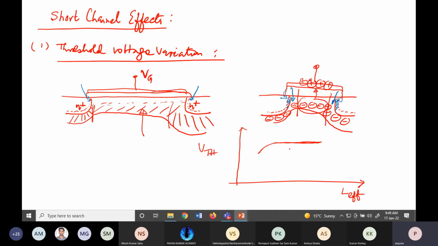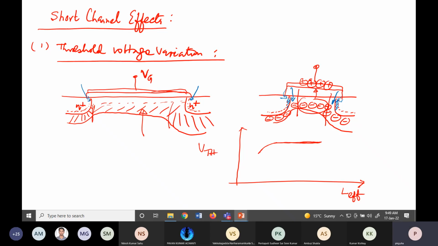So that is one issue, because some of the immobile charges will be imaged by the source and drain depletion region, not by the gate itself, right?